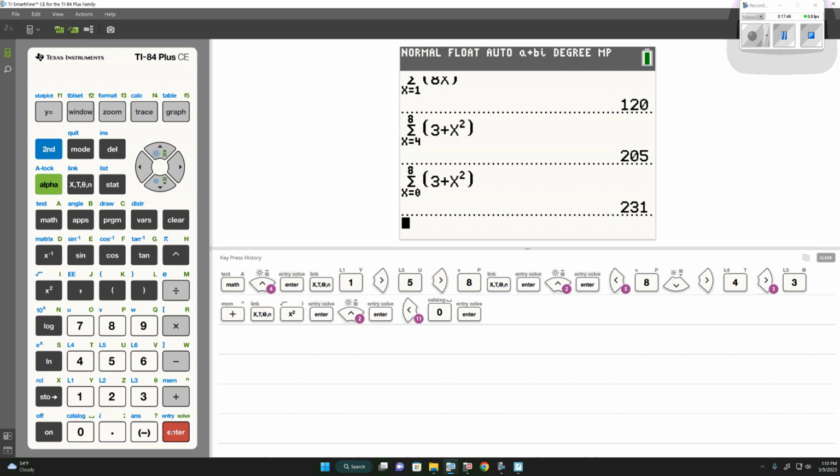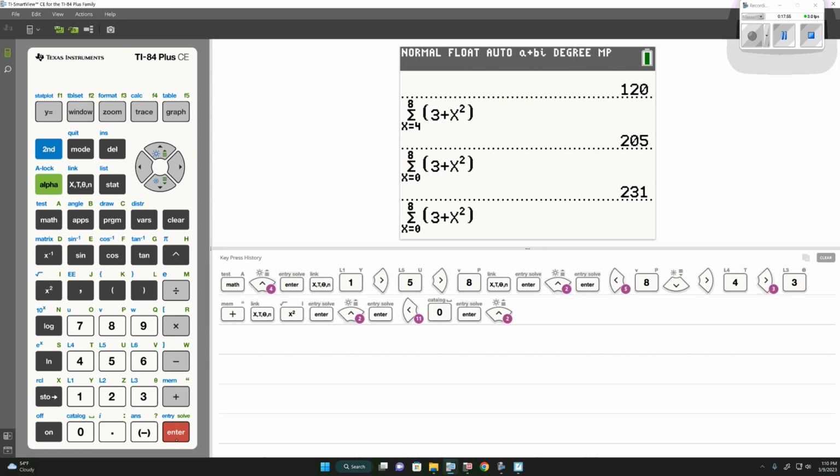We can do 0 to 8. And we can put whatever we want. Some that behave a little weirdly. Let's say -1. Instead of 2 the power, let's put x.